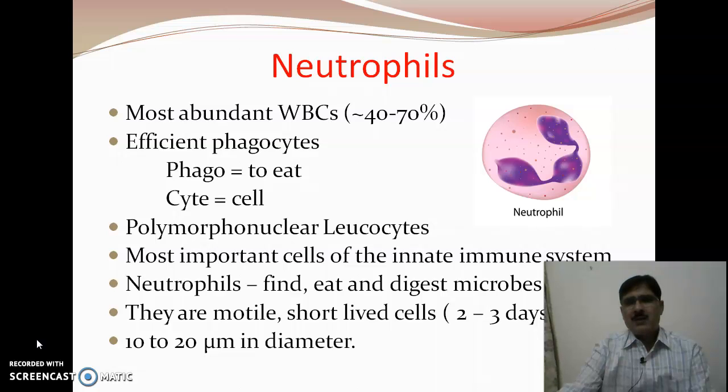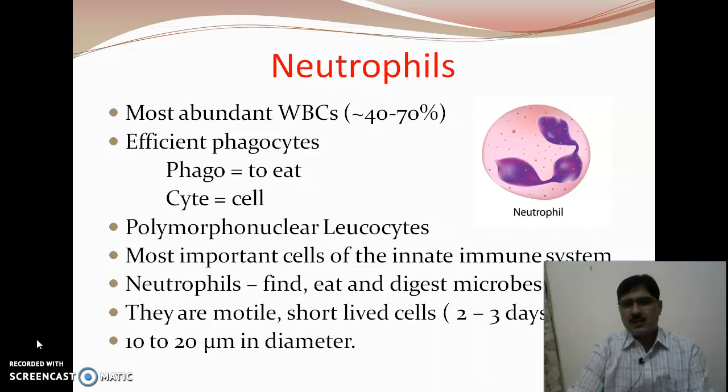Now about the granulocytes, first of all the neutrophils. They are the most abundant WBC, constituting approximately 40 to 70% of circulating white blood cells. They are efficient phagocytes and they are the polymorphonuclear leukocytes.